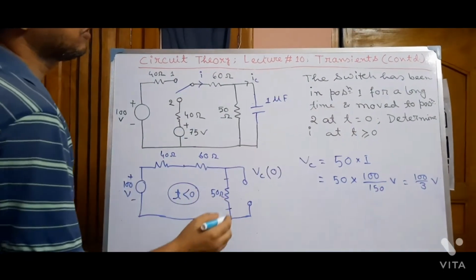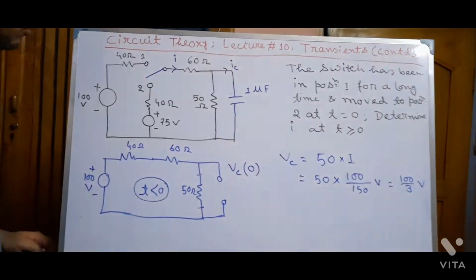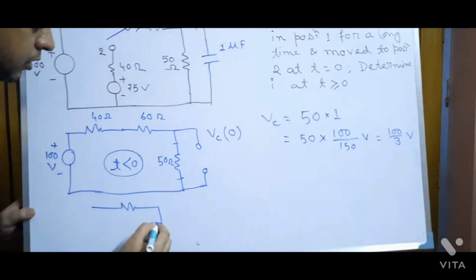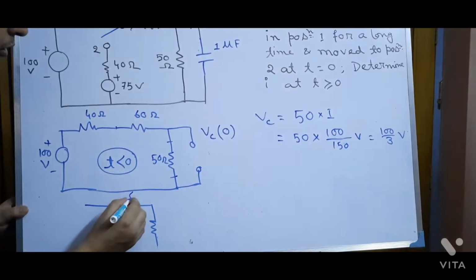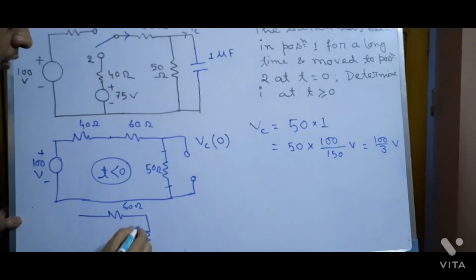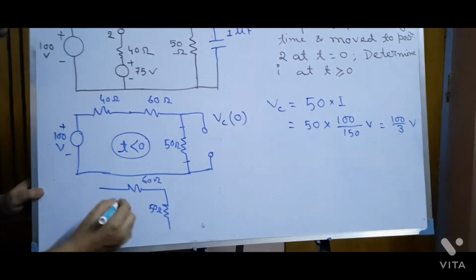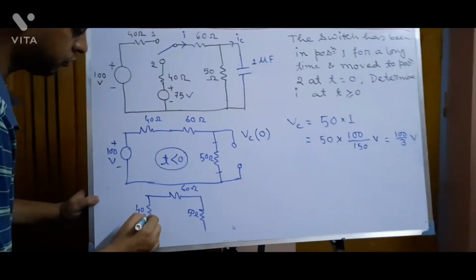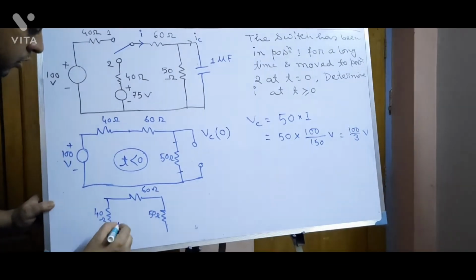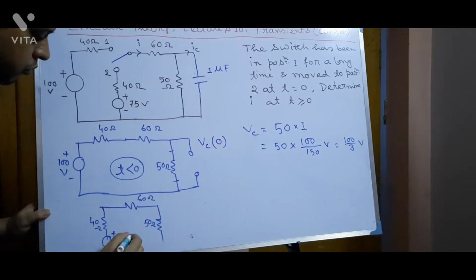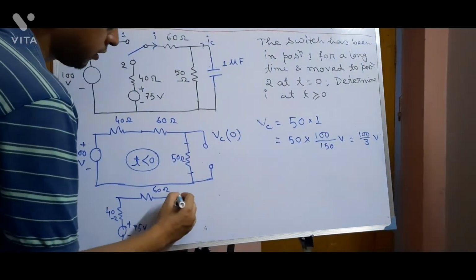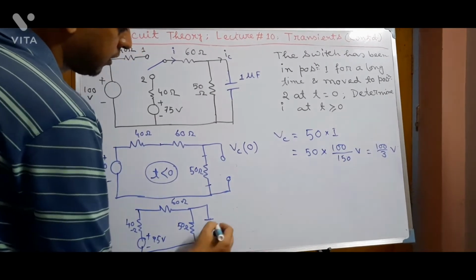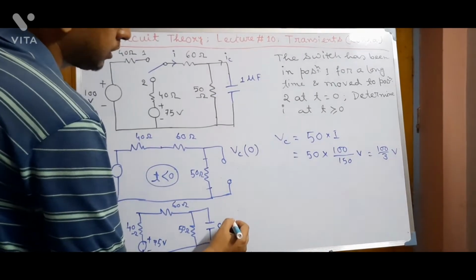Okay. Now at t greater than or equal to 0, the circuit will look like this one: this is a 60 ohm resistance, this is a 50 ohm resistance, this is a 40 ohm resistance, this is a 75 volt source, and there is a capacitor of capacitance 1 microfarad.